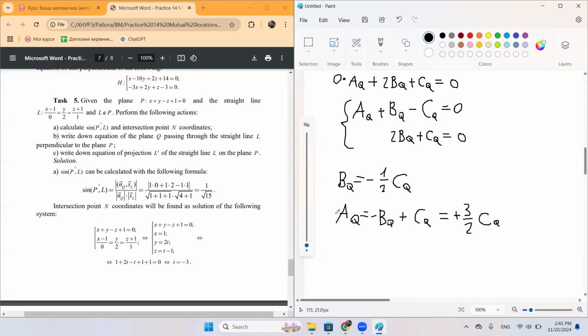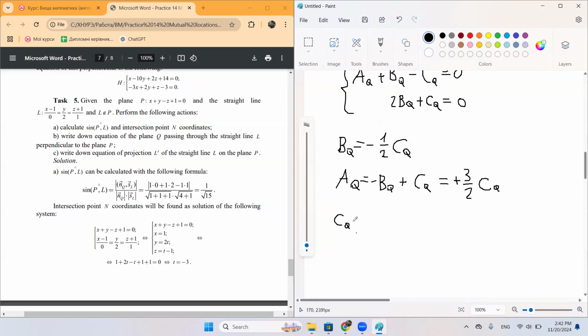So now what do we have? We need to take the value of C that is more convenient for our solution. Which value do you suggest to assign to it?